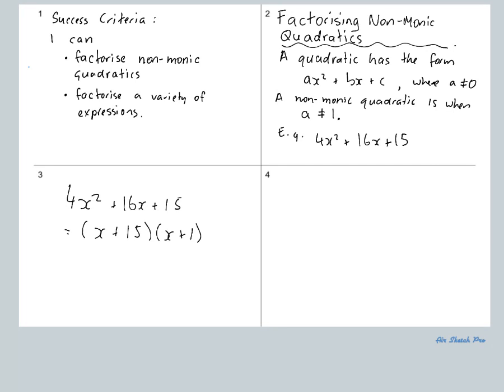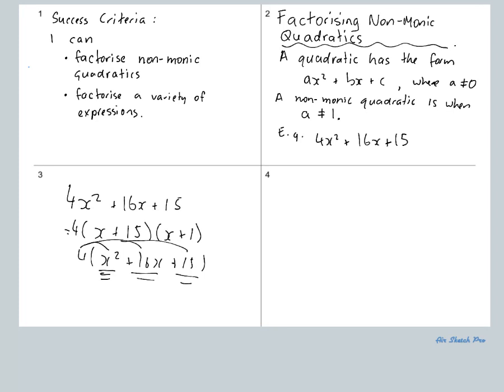If I just treat it as it is, then if I expanded this, I would get x times x equals x squared, but I need 4x squared, so that's not going to work. And if I just stick the 4 out here, that's not going to work either, because sure, I'll get x squared plus 16x plus 15 on the inside, but when I distribute the 4, I'll get 4x squared, but the numbers won't work. So I can't just get rid of the 4 in some magical way.